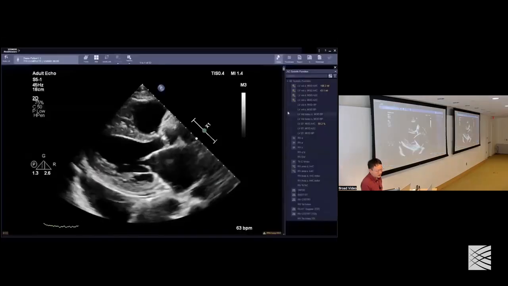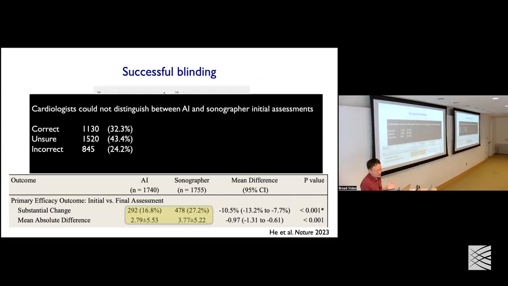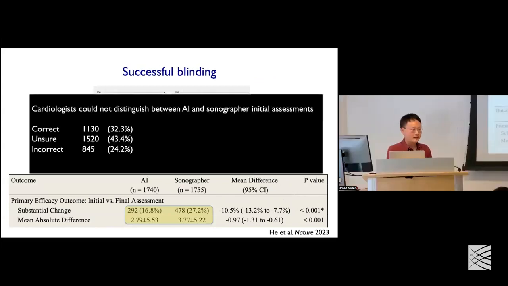So the last thing I want to mention is that we also asked the cardiologists whether they can tell if they're looking at the output from the AI or from the human arm. We wanted this to be a blinded randomized clinical trial, and is it actually blinded or not?